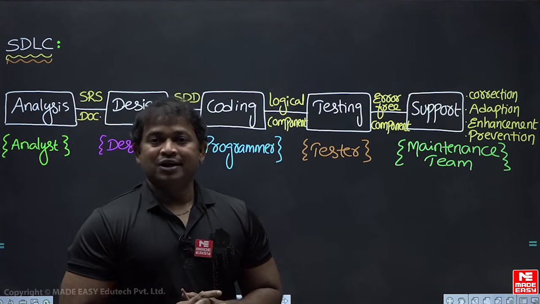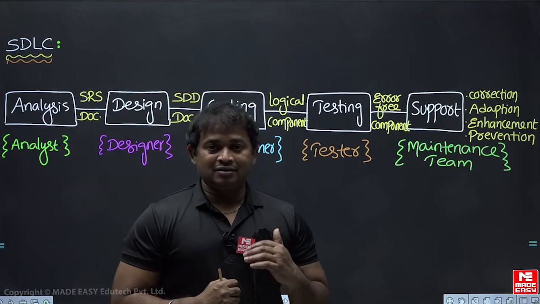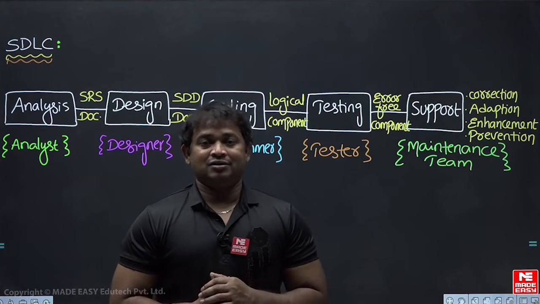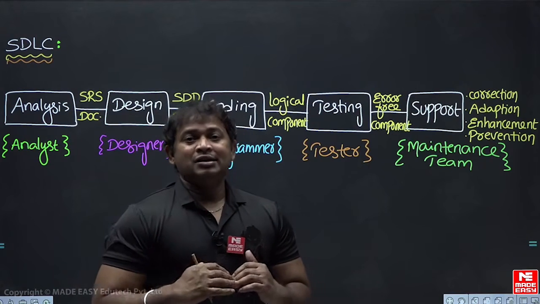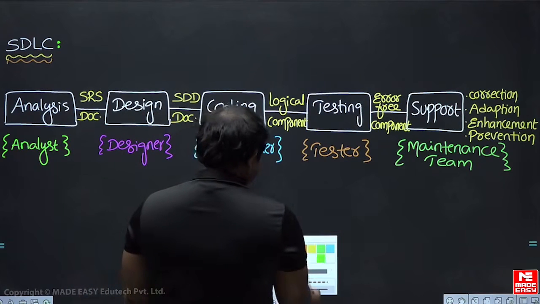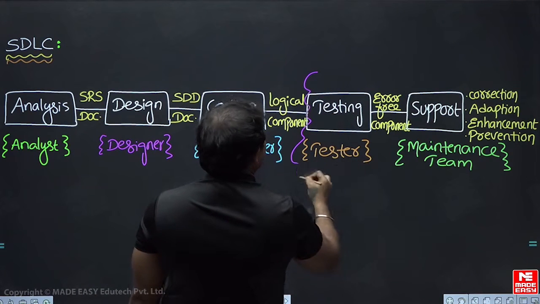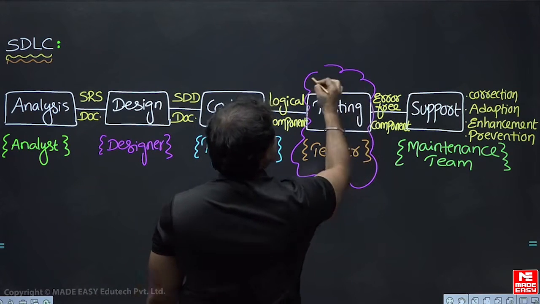Okay, all right. So these are the different stages present in the software development lifecycle. Here we are going to concentrate only on testing. So our attention is only the testing.